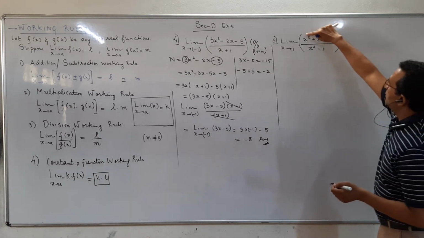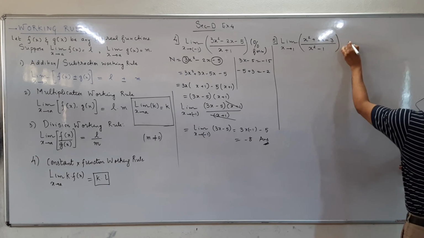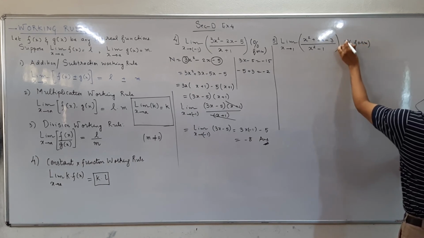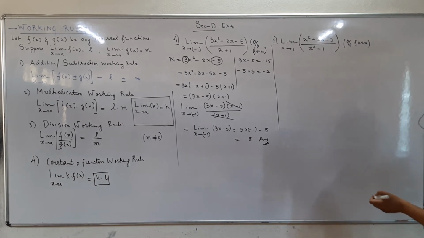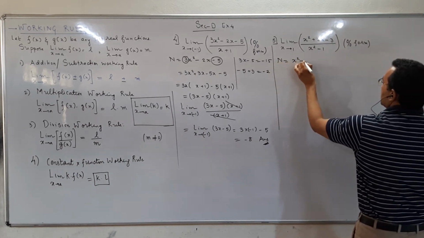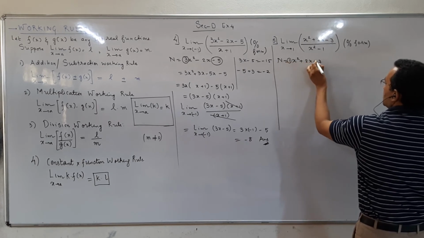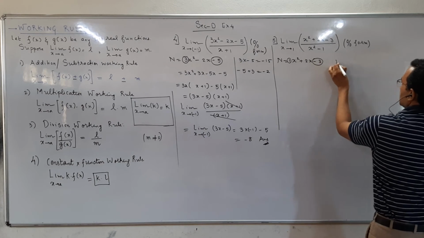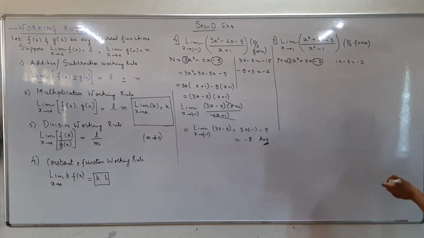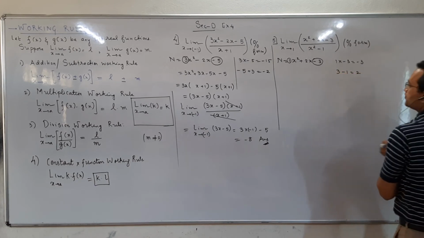Take x as 1, 1 plus 2, 3 minus 3, 0, 1 minus 1, 0. So this is of the form 0 by 0. Let us factorize the numerator. x square plus 2x minus 3, 1 into minus 3 is minus 3, and 3 minus 1 will be 2.